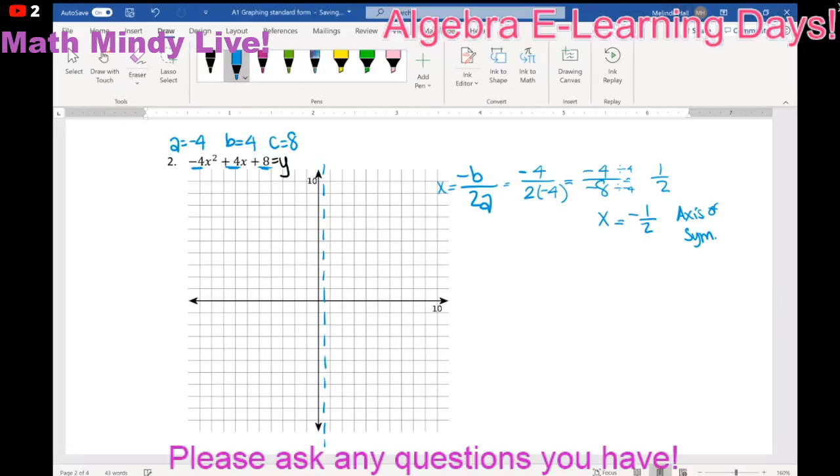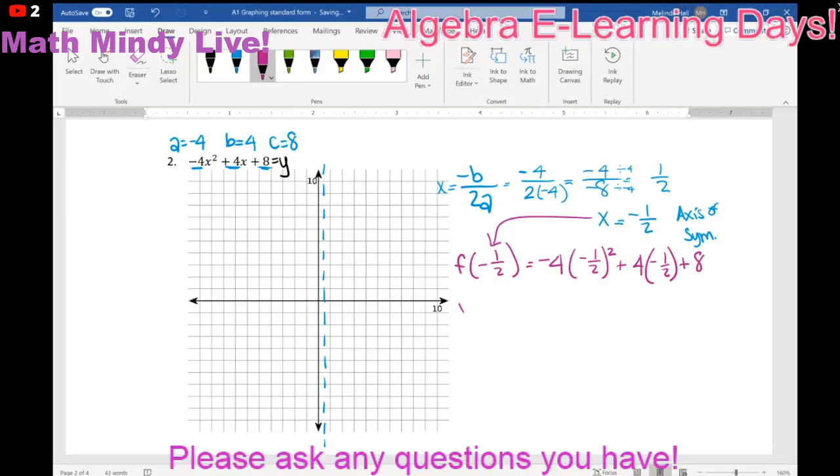Okay. And so from there, we would use that and plug it into the quadratic to help us out. So we would use function notation again, and we're plugging in our axis of symmetry number for x so that we can try and find where our vertex would be. And so we would have -4 times (-1/2) squared plus 4 times (-1/2) plus 8.